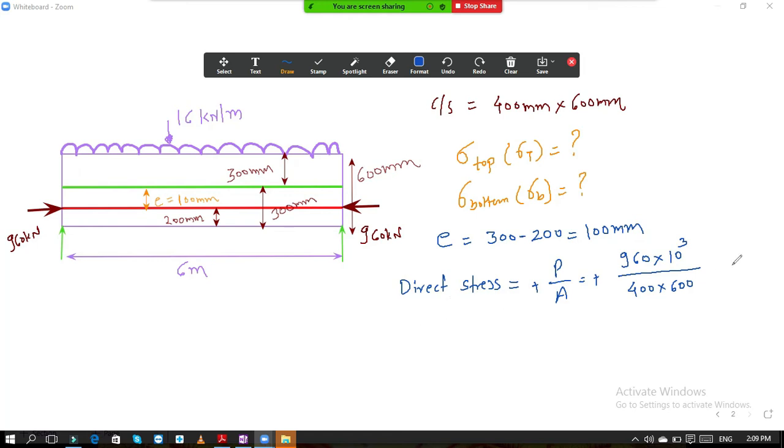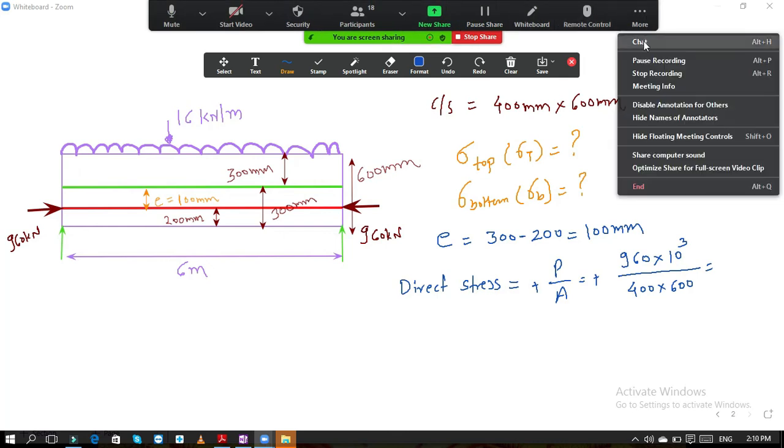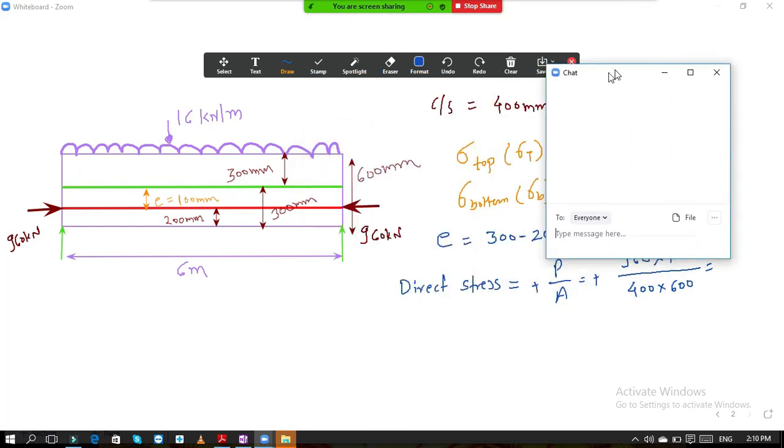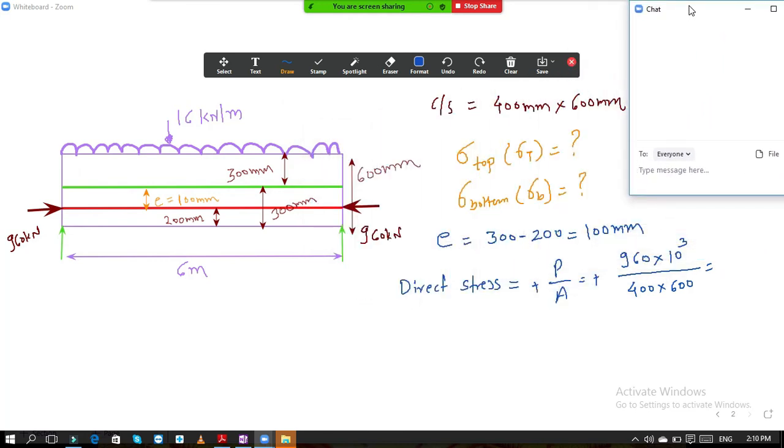Okay. So direct stress, what is the value? Let me know the value of this. Let me know the answer, because otherwise every time I have to minimize this, go to the PDF and then see the answer.